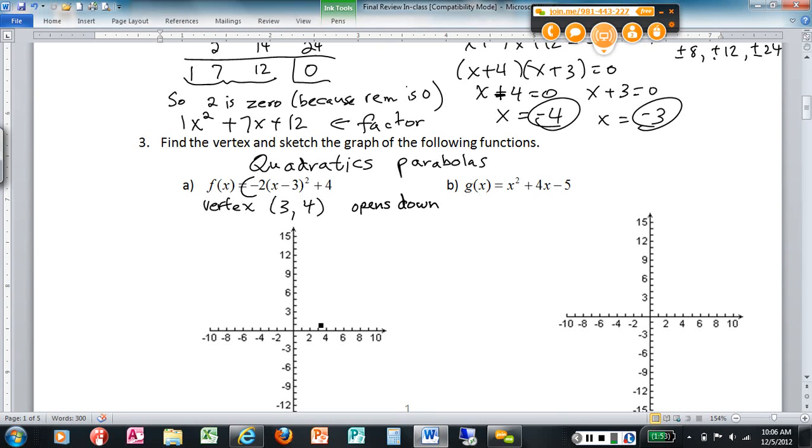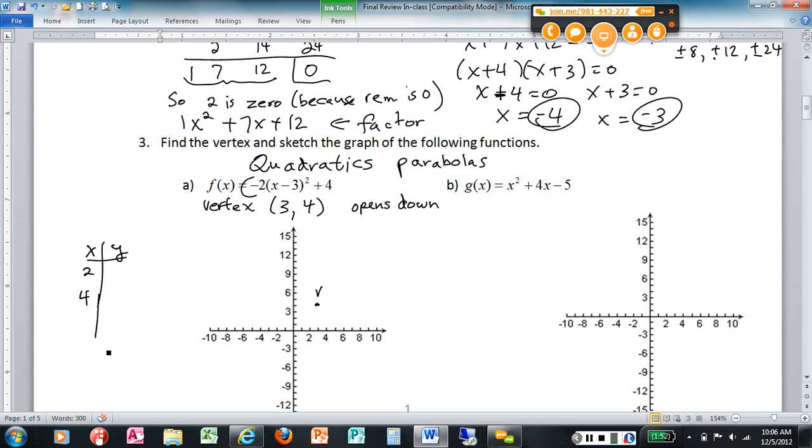All right, so I've got 3, 4. Right there's my vertex. And it's going to open down. Now, what I suggest there is just maybe do a couple of points around that. Maybe get x's 2 and 4. See what you got. Let's see.